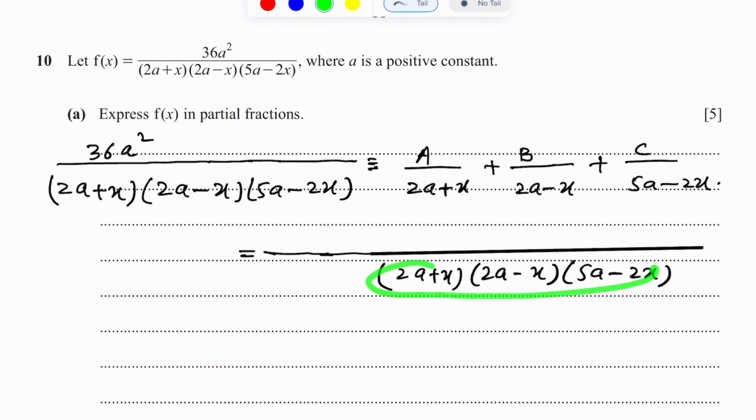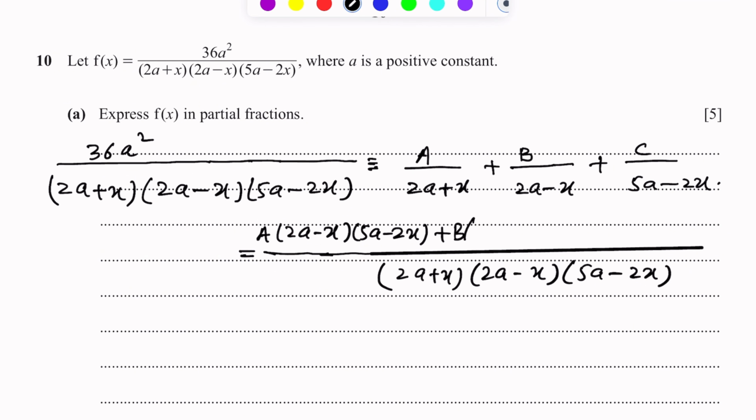When this LCM is divided by this factor, this factor will be cancelled out, so we get A into (2a minus x)(5a minus 2x). In the same way, B into (2a plus x)(5a minus 2x) plus C into (2a plus x)(2a minus x).